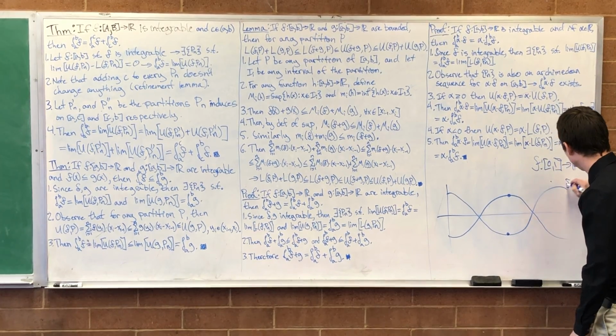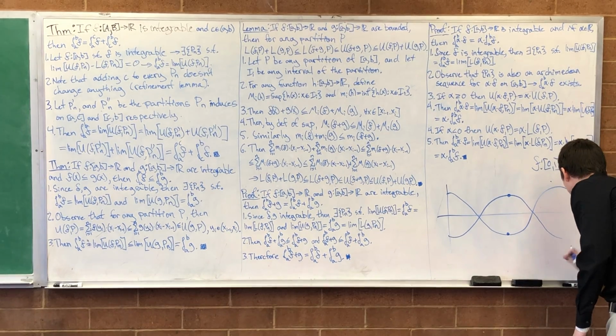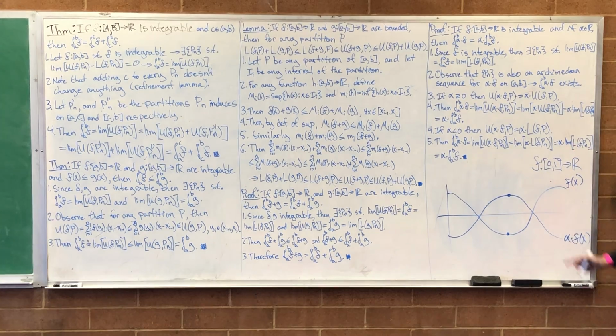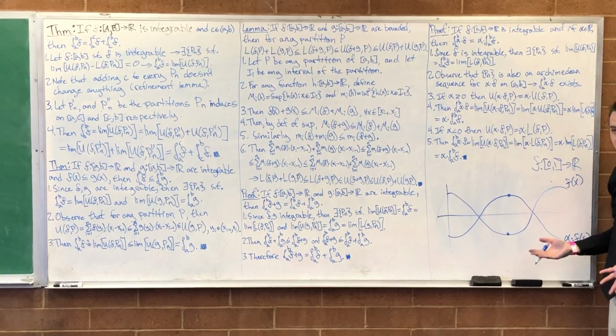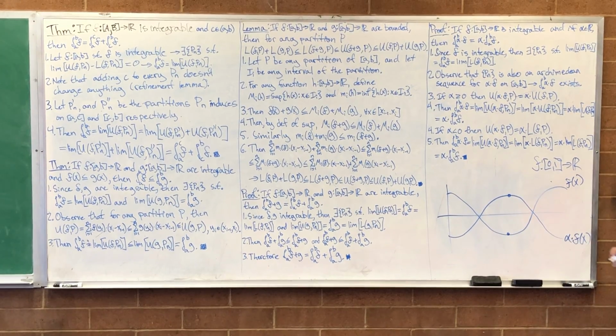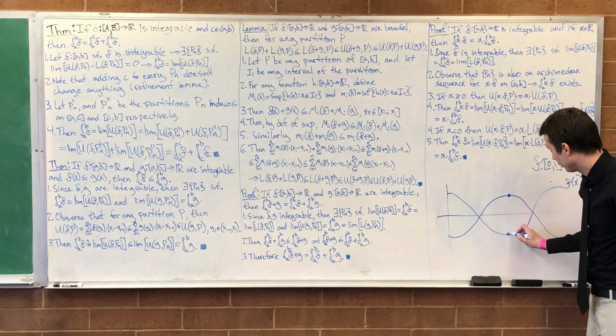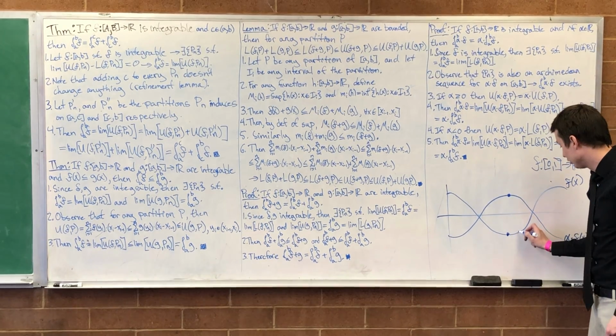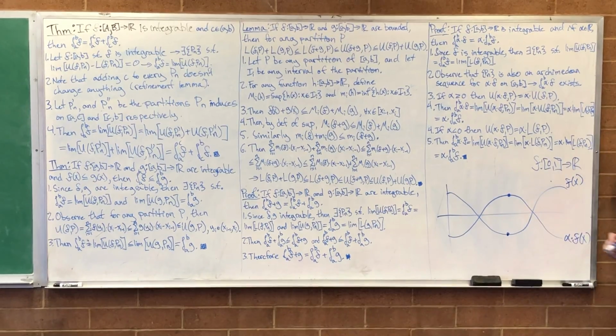So this function right here is f of x. This function right here is alpha times f of x, where alpha is some negative number. We're picking -1 to keep the picture simple. So notice that high points here correspond to low points here, and low points here correspond to high points here.